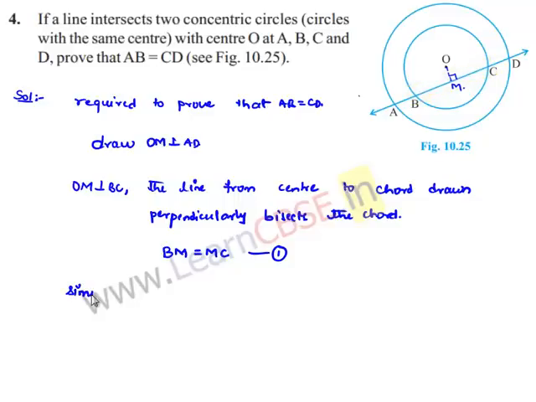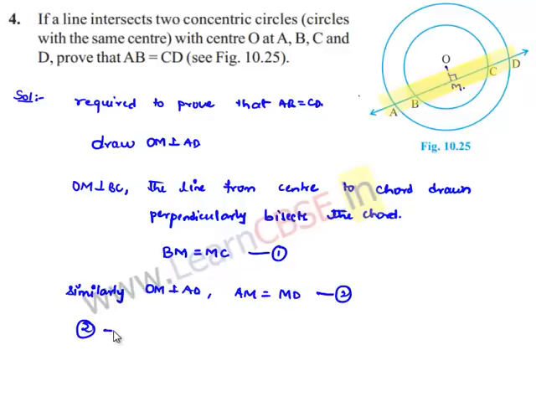Similarly, if we consider that OM is perpendicular to AD, then OM divides the segment AD into two equal halves, that is AM is equal to MD. Let it be equation number 2.